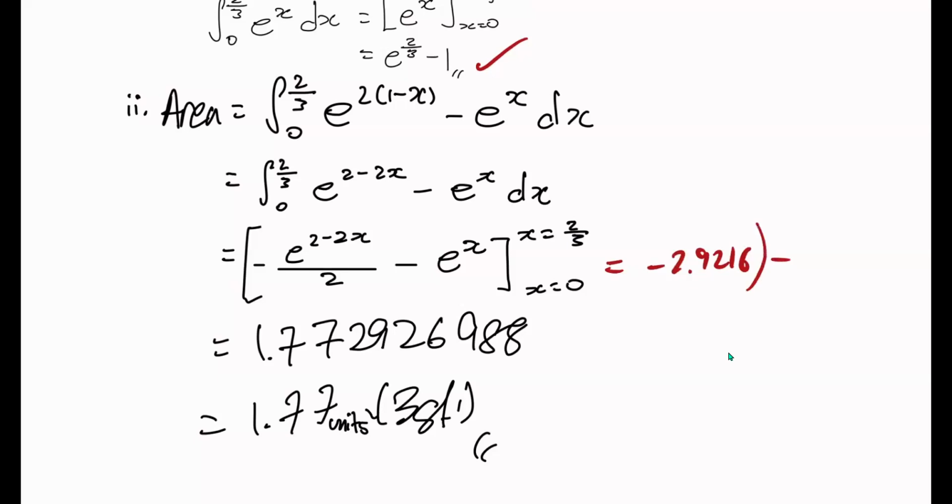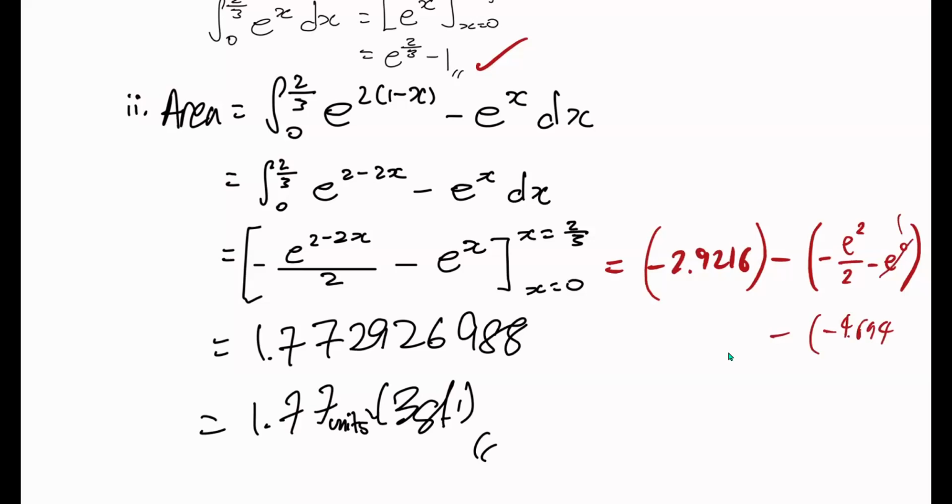And then you subtract away, sub in with 0. So you get negative e power 2 over 2 minus e power 0, which is 1. Let's see what this value is. Minus e square over 2 minus away e power 0, which is 1. So we end up with minus away negative 4.694.